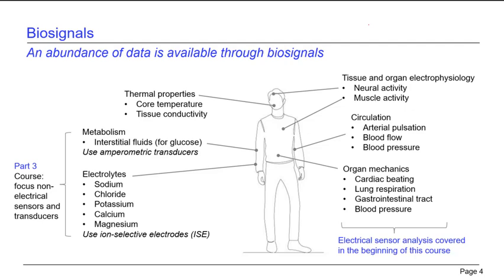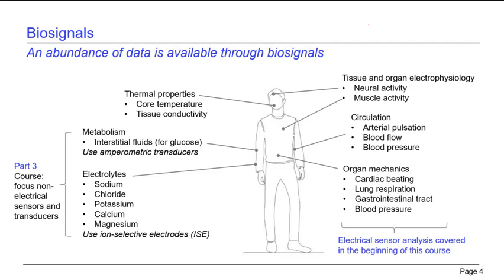Central to this process are instruments and transducers, of course, the subject of this course, which serve as the interface between the physical world of biologic signals and the digital realm of data analytics and the interpretation of the analysis that ensues. The devices we speak of translate biologic phenomena into measurable electrical signals, enabling healthcare professionals to obtain vital information about a patient's health status.